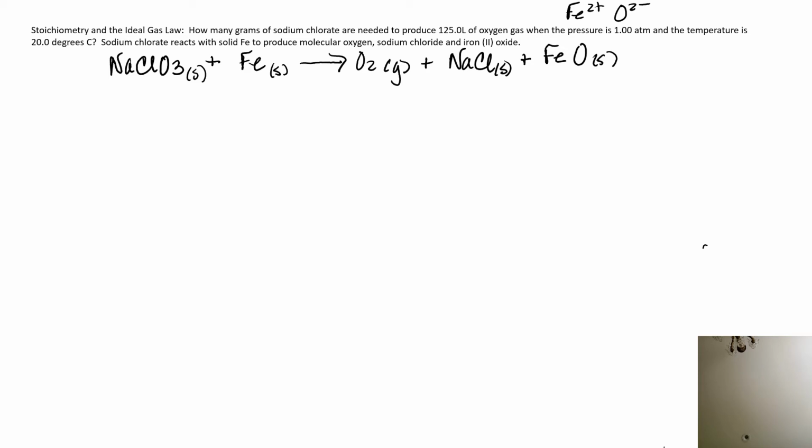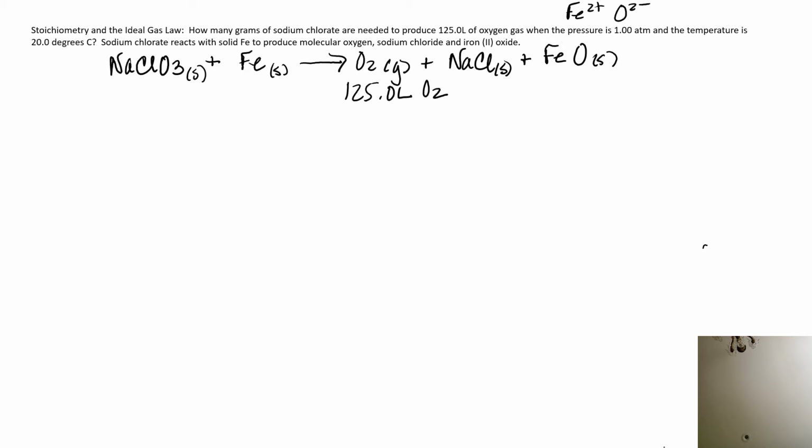So how do we approach this problem? Ultimately, we want to know the number of grams of sodium chlorate that are needed to produce 125.0 liters of O2 from our reaction.